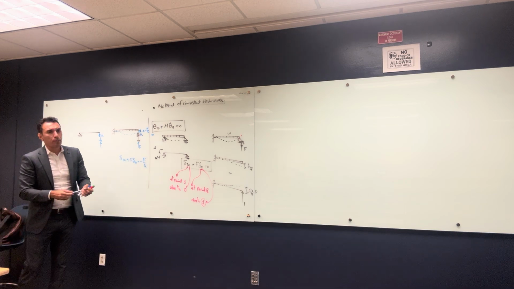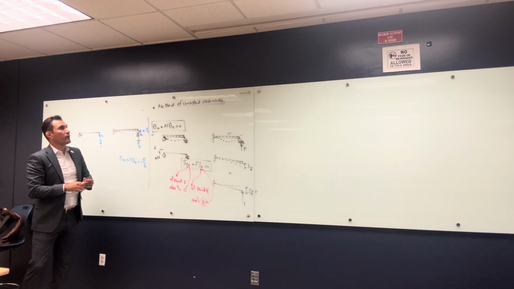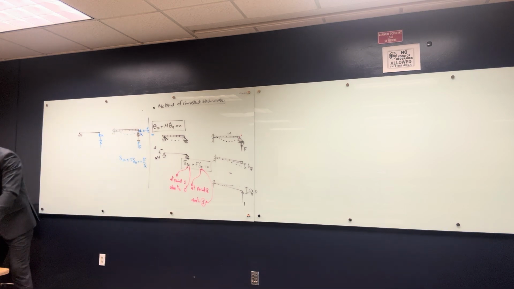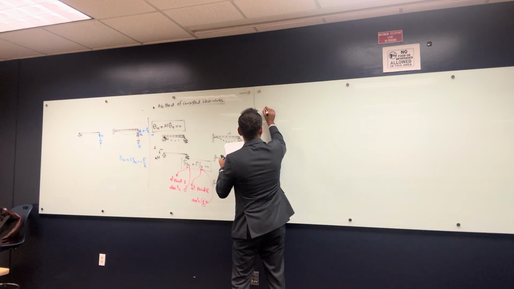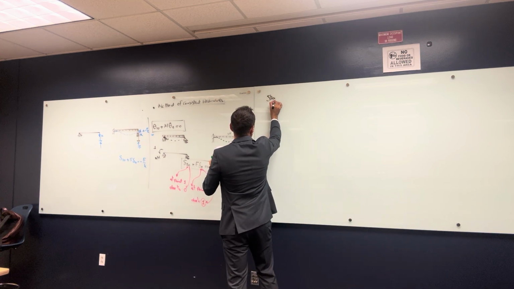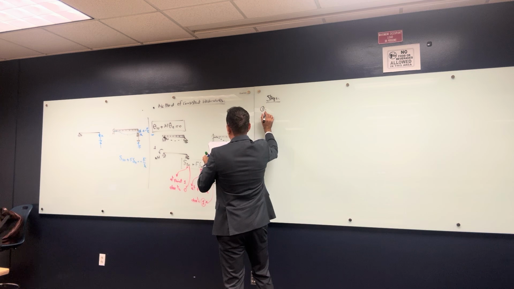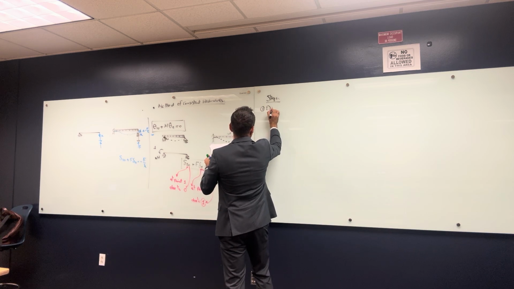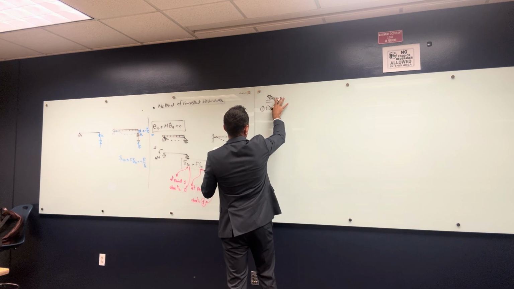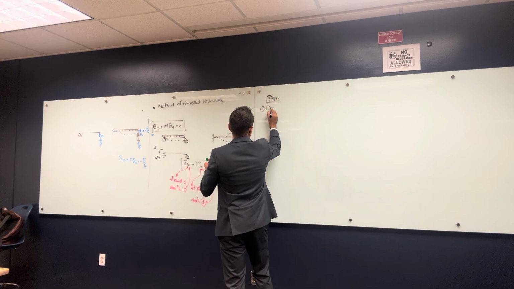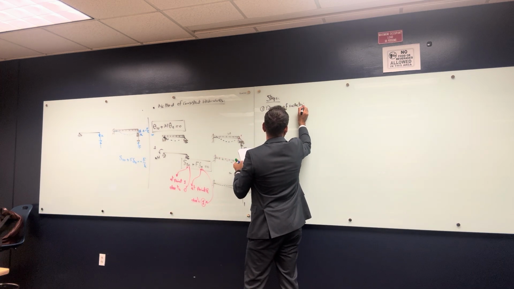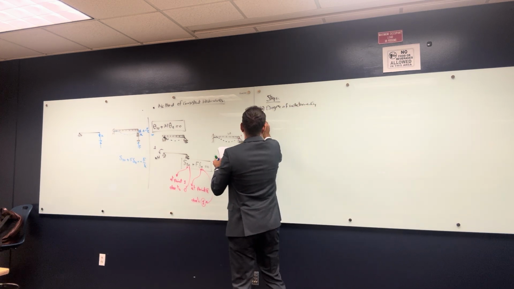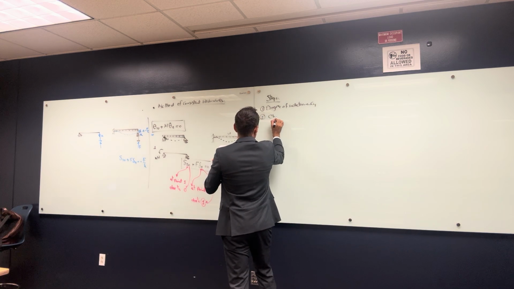So let's actually put it step by step, how to solve method of consistent deformation problems. Steps. Number one, determine the degree of indeterminacy. Number two, choose main system.